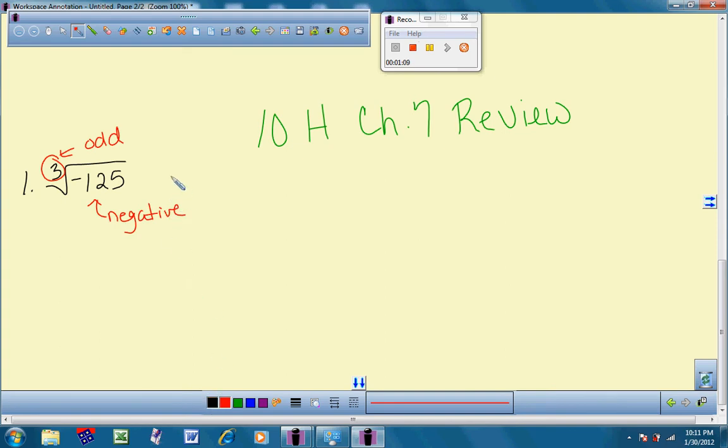So we're going to go ahead and evaluate the cube root of negative 125. We have learned that if we take negative 5 and multiply it to itself 3 times, then we get negative 125, which is our radicand. So the answer that you would provide would be negative 5.